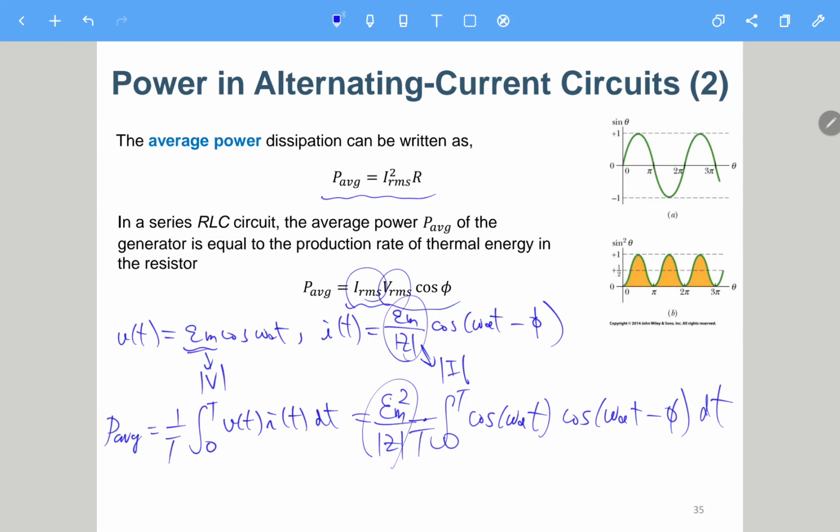This thing is actually the absolute value of I times the absolute value of V over T, and then the integration of this part.